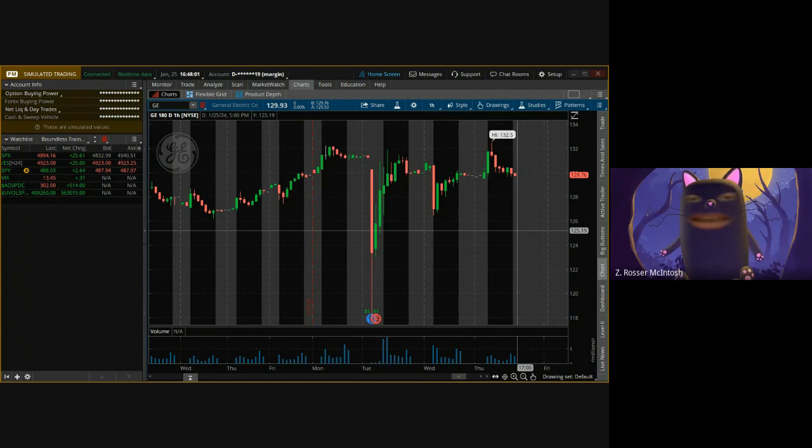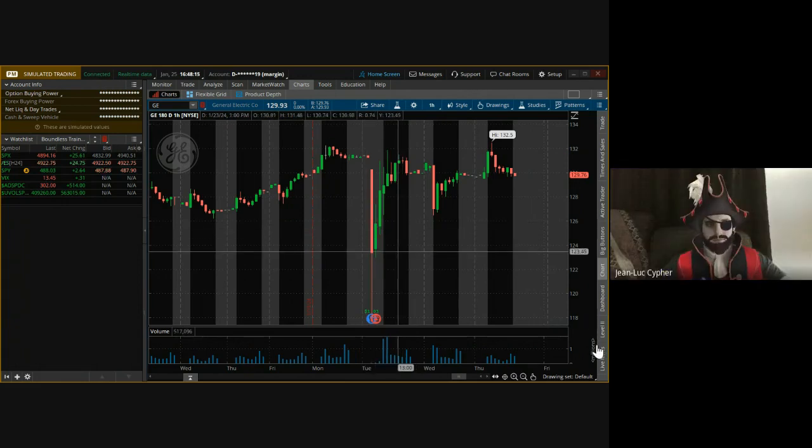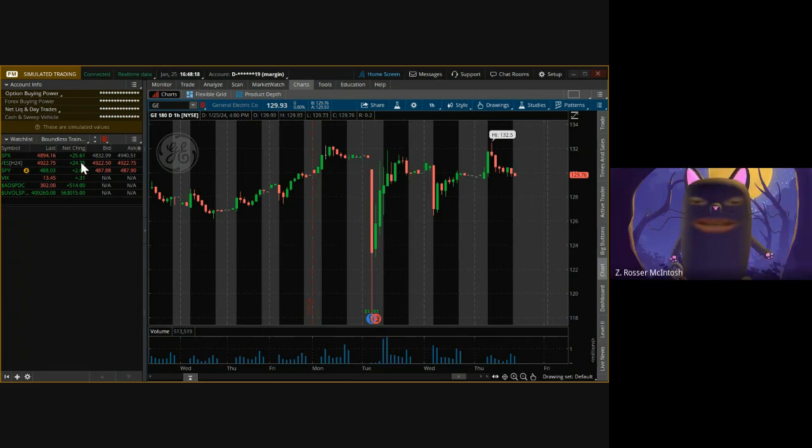So instead of having, well, you can actually see the volume graph at the bottom. See, the gray areas on the chart represent after hours trading, and the black is during the day. During the day, if we look at the volume, it was hitting 1 million shares in volume.